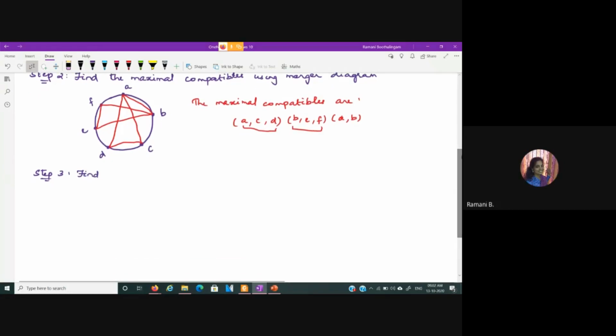Okay, so we shall find the minimal set of compatibles using the closed covering condition.